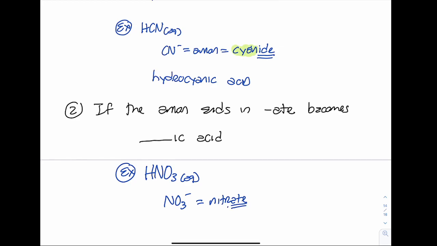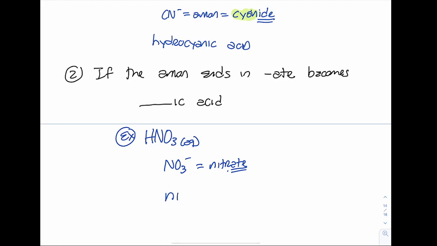It ends in ATE, so nitric acid, no hydro this time, right? I'm taking this part after I get rid of the ATE and I'm sticking it on this. So nitric acid. Essentially replace the ATE with ic acid.